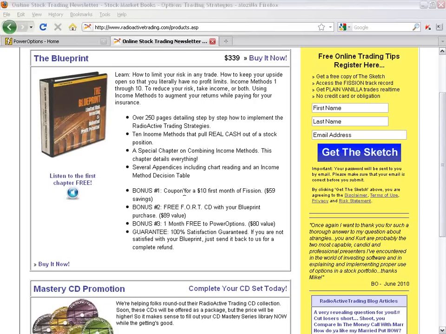The blueprint is the only place where that's discussed. It talks about entering into the RPM position, how to enter the 10 different income methods, and the SIGA model for each of them. This is over 250 pages, 10 income methods, and a special chapter on combining income methods as well.